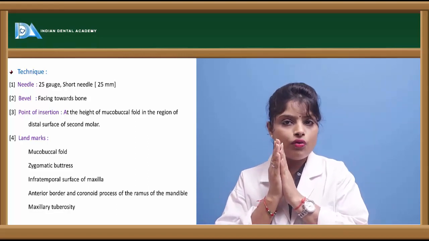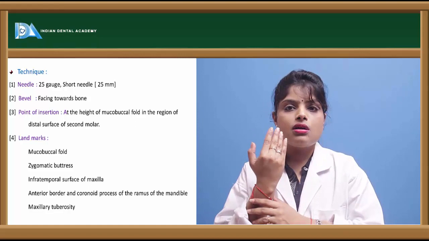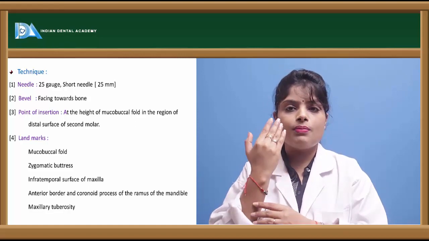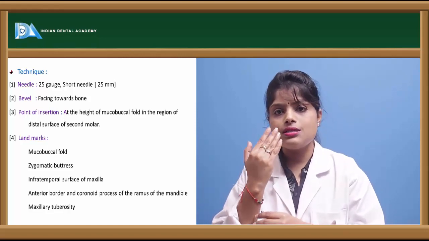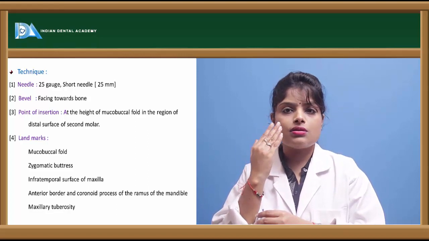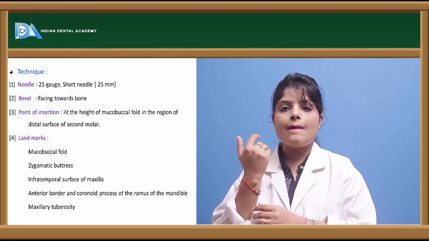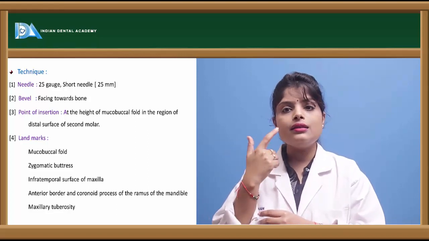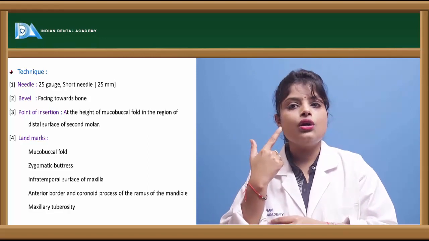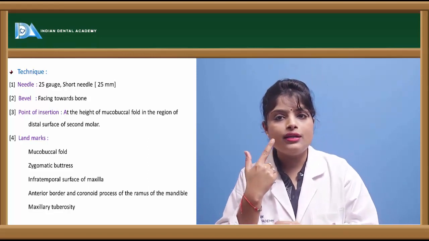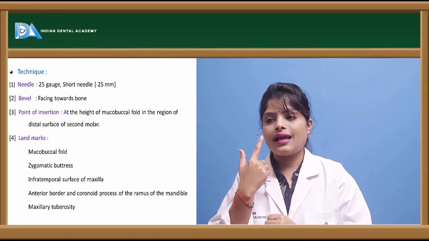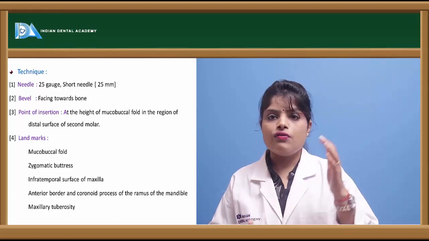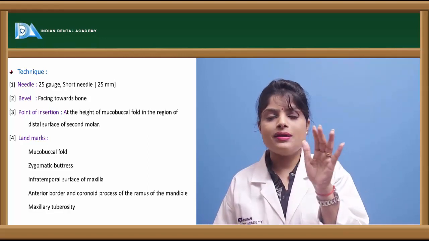Then the posterior surface of the ramus of the mandible, the coronoid process, and the zygomatic process of the maxilla. Then the molars: the injection is given adjacent to the second molar, or the distal surface of the second molar. So we palpate these anatomical landmarks.